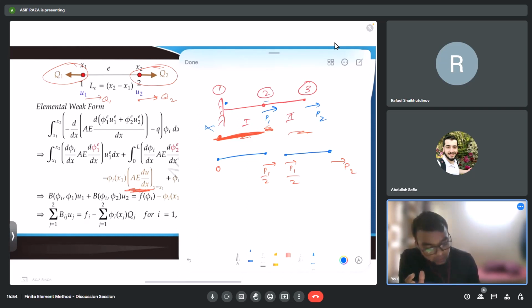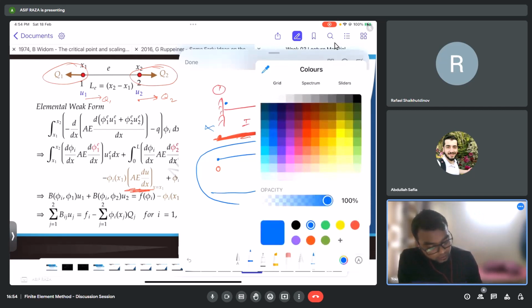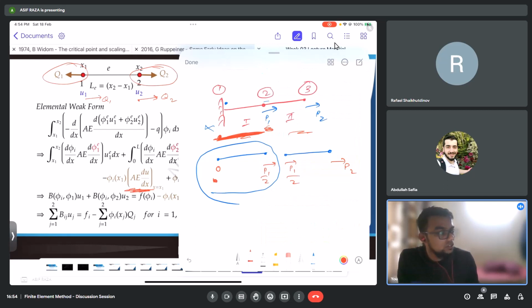That would imply the body moves to the right, but we know there is a restriction on this node; it is not moving. So some internal forces should be there, and only then can this be restricted, so that displacement is equal to 0 here.